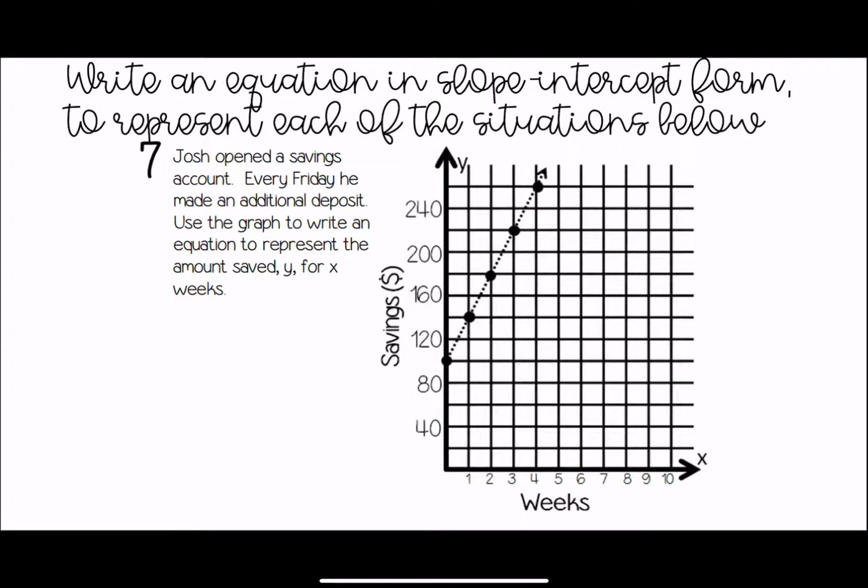All right, so now let's try this one. Writing an equation in slope-intercept form to represent each of the situations below. So here is Josh and him opening a savings account. So I want you to pause, look right here, find your slope, and then come back and check with me.